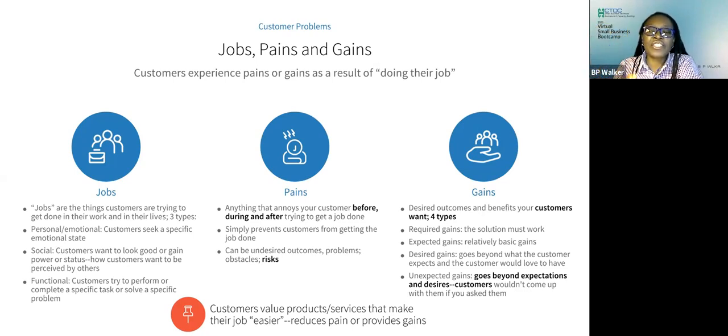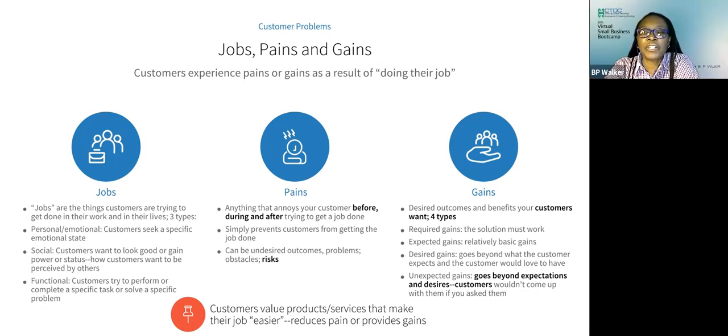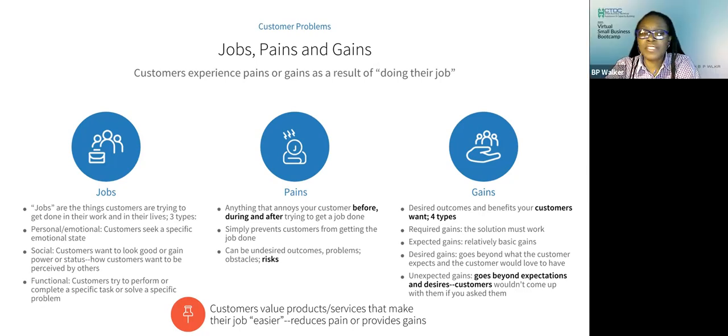So if that's the job, what would be the pain to get that job done that you might be solving? What would make it hard for me to feel good about doing my hair? Or what would make it difficult for them to feel good about getting their hair done? The embarrassment of not having enough hair.